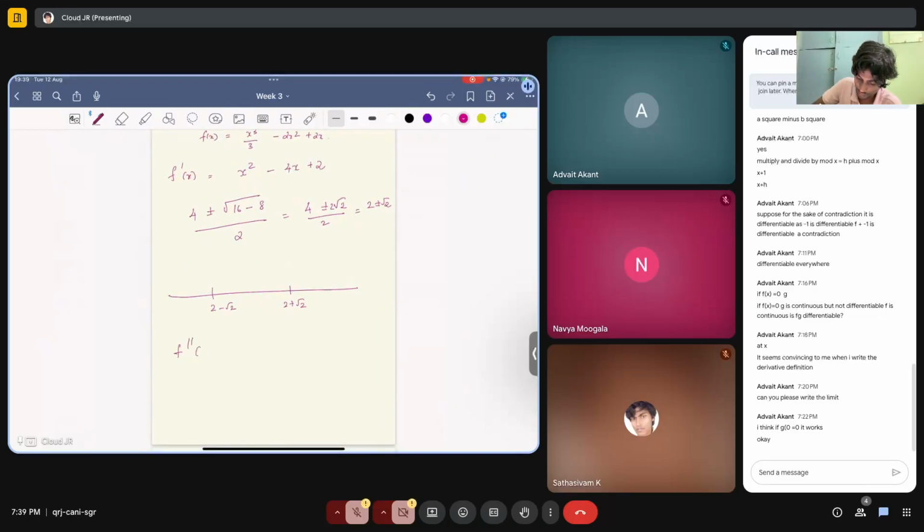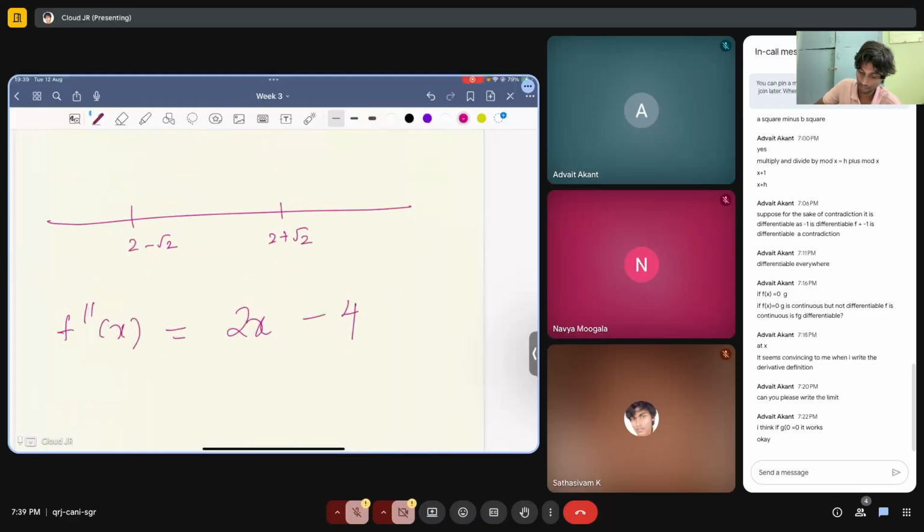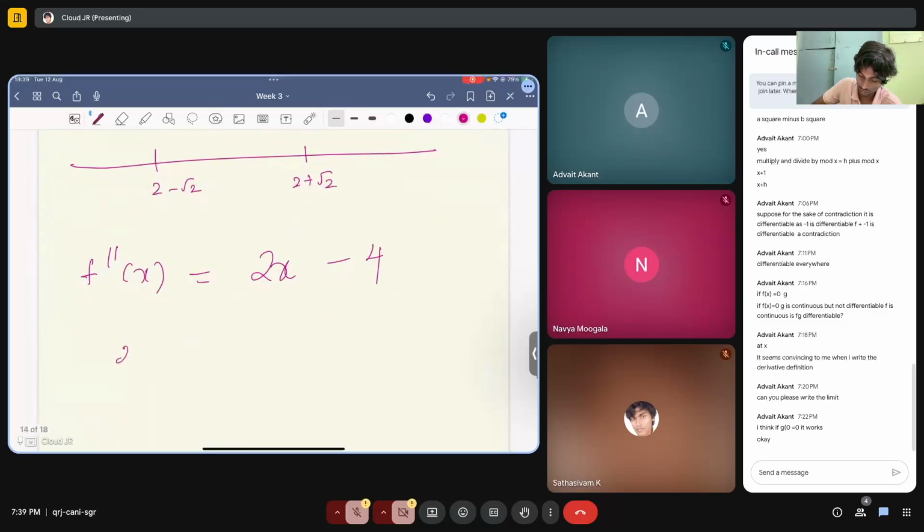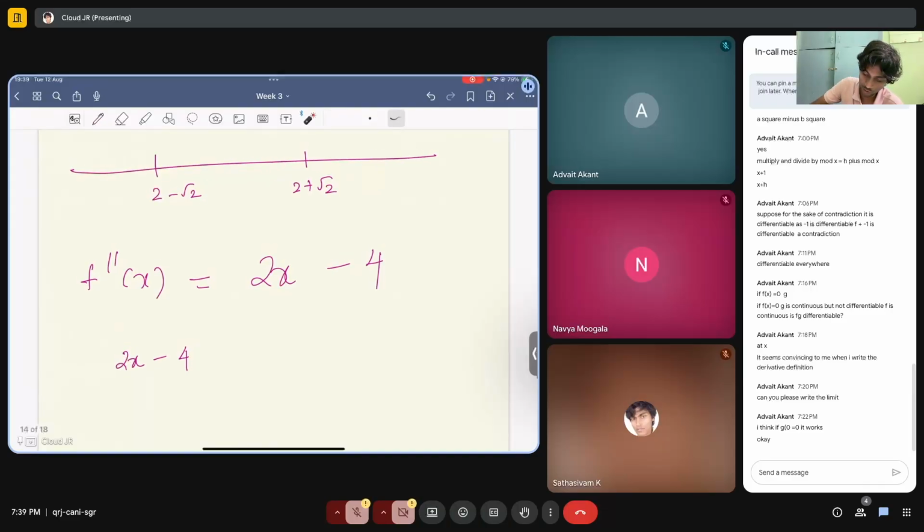So f prime of x here is my first derivative. So the second derivative is 2x minus 4, right? Now what you have to do is substitute these points and see what happens. So let's substitute 2 minus root 2 here.